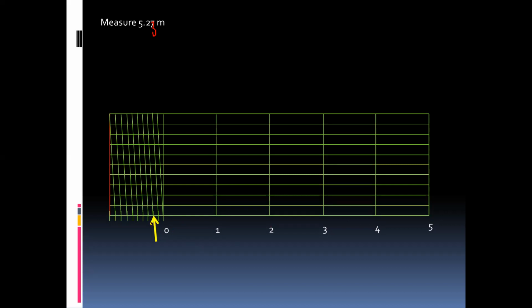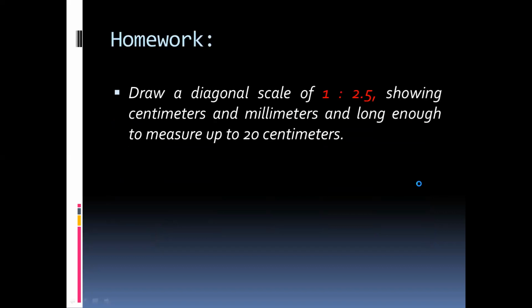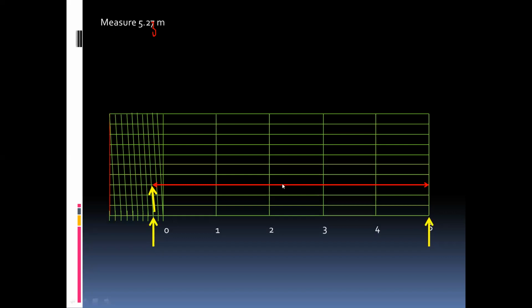I have shown the arrow. So it will represent 5.2 decimeter. Now we have to measure 5.23 meter. For that, you have to travel on this line in the vertical direction up to the 3 division. First observe the 5.2, that is the 2 decimeter, and on the 2 decimeter line find the third division. It will represent 3 centimeter, and this total distance is nothing but the 5.23 meter.